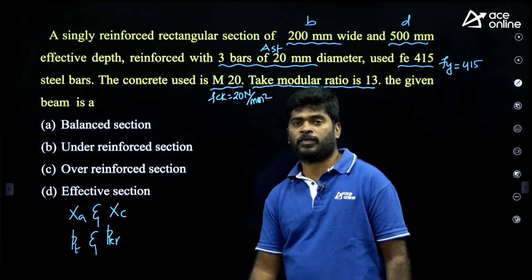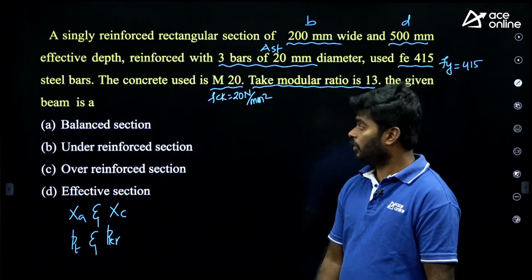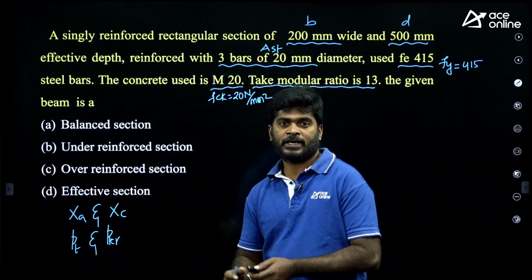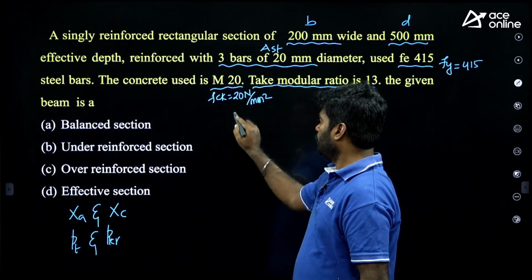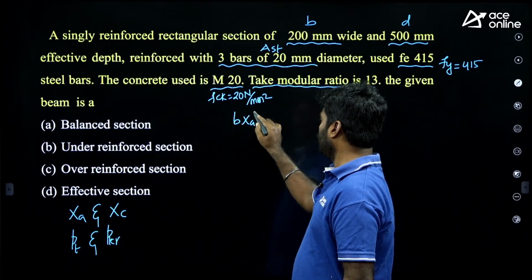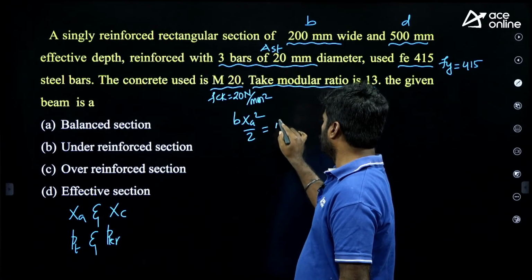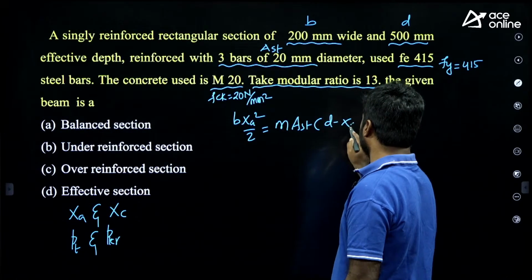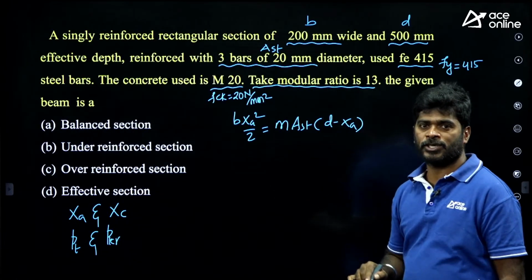Coming to the actual depth of neutral axis, my dear, what is the actual depth of neutral axis for a singly reinforced beam under the working stress method? It is B XA square upon 2 equals M times AST into D minus XA. You will get a quadratic equation.